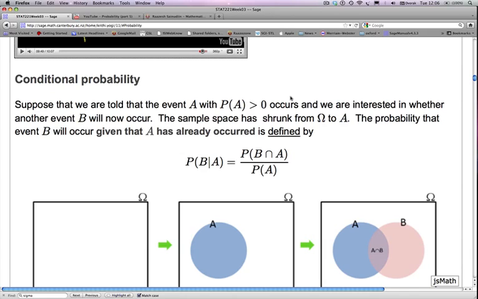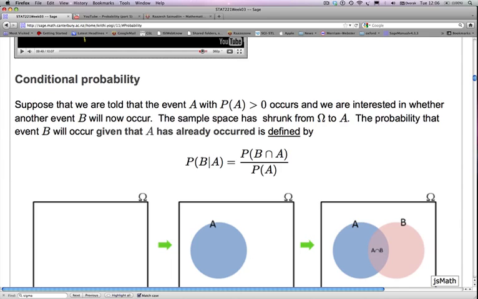The probability that event B will occur given that A has already occurred is defined by the probability of B, this bar here, A, is the probability of B given A. That's how this is pronounced.